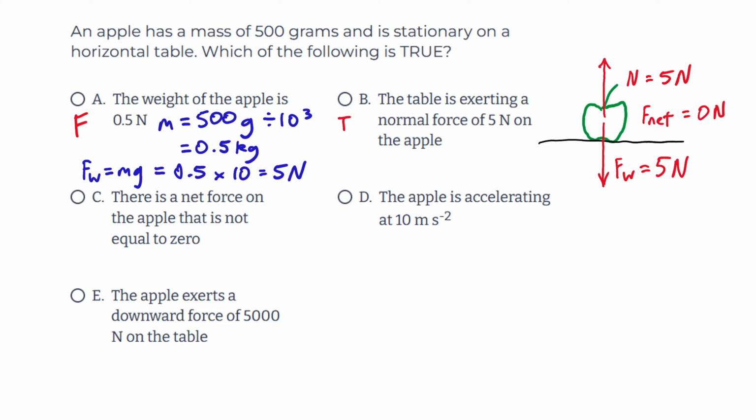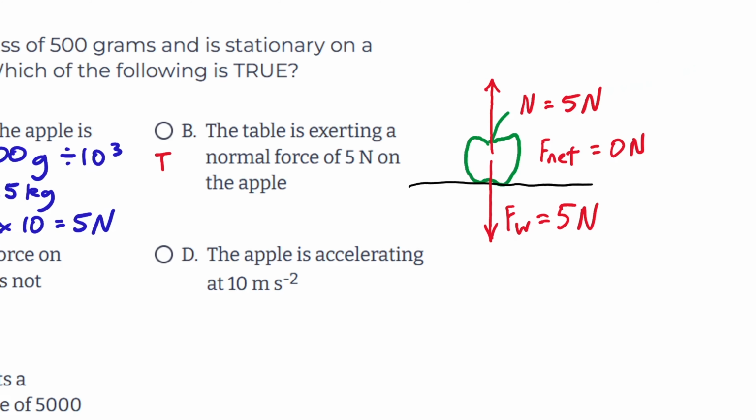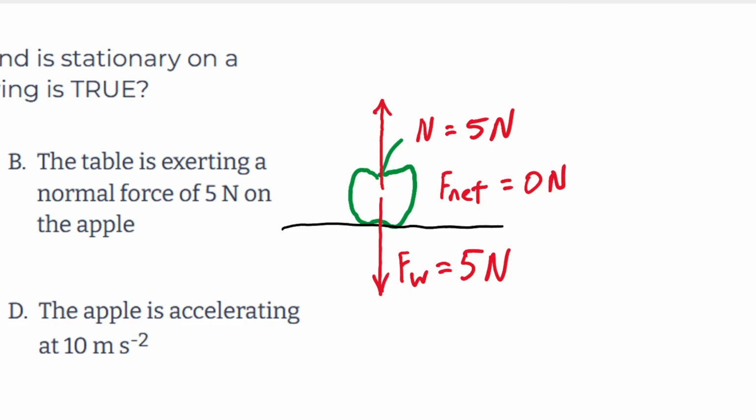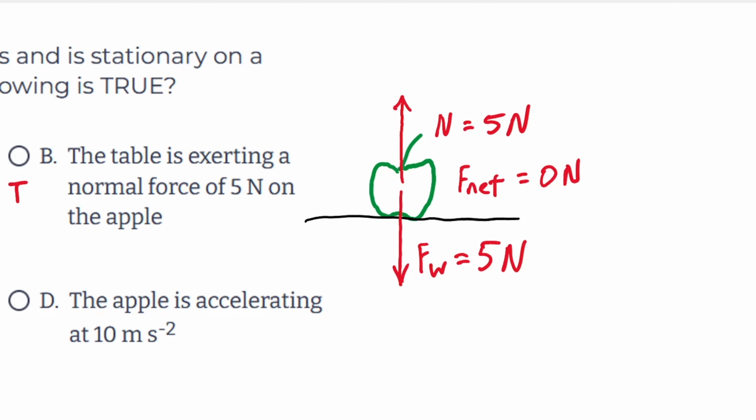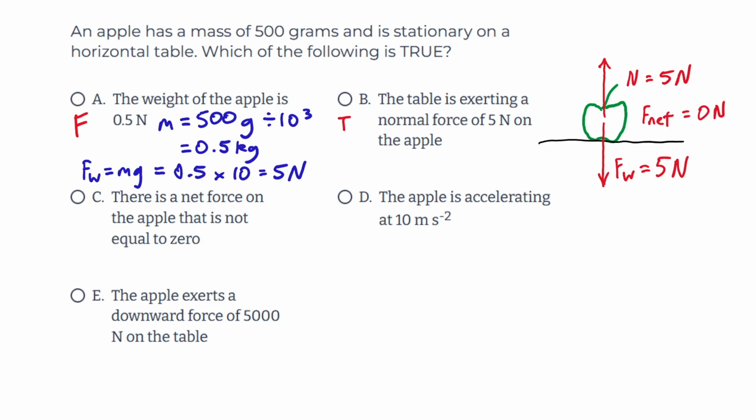We have been told that the apple is stationary, so we know that the net force on it must be 0. We have already done the calculation where there is a weight force on the apple of 5 newtons going down, and an opposite force of 5 newtons from the normal force going up, which cancels out. Therefore, option C is false.